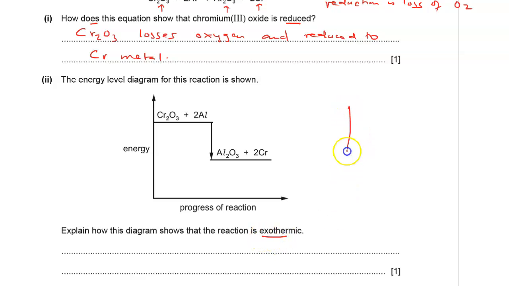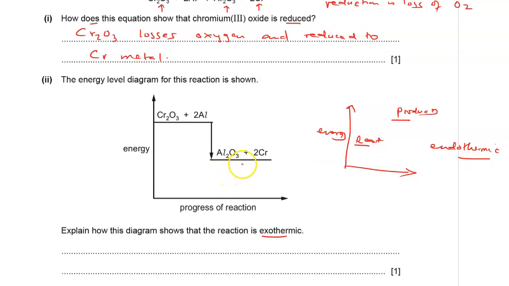The reaction is endothermic if the products have got more energy. These are reactants, and these are products. If the products have got more energy than the reactants, then this is an endothermic reaction.